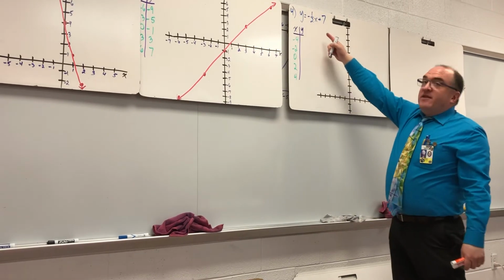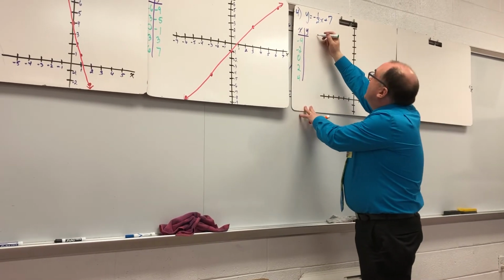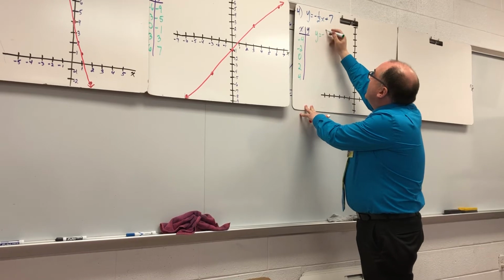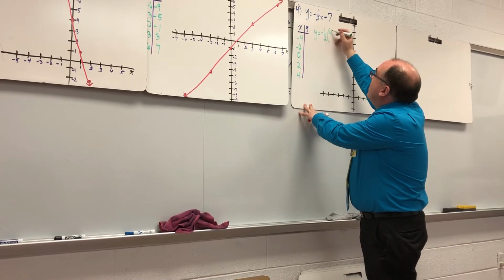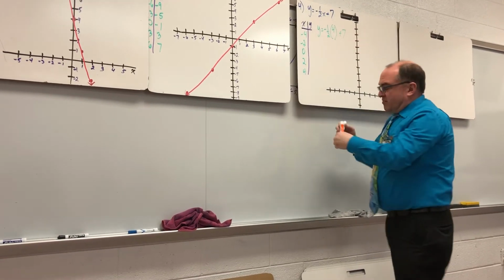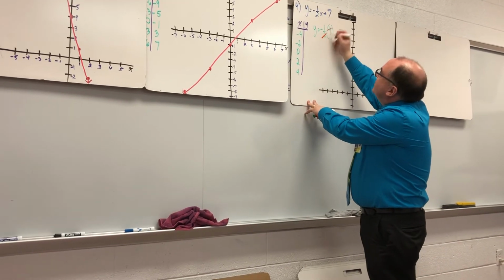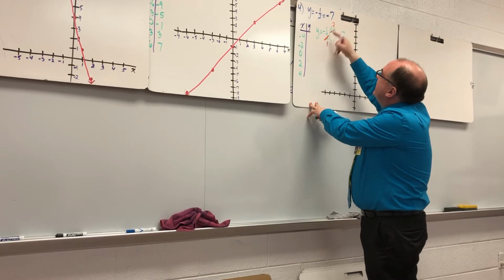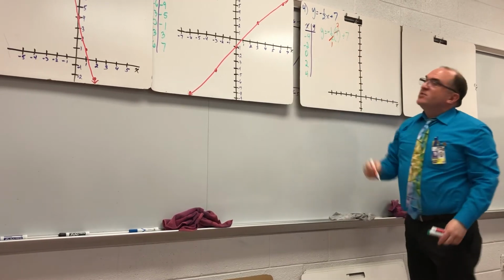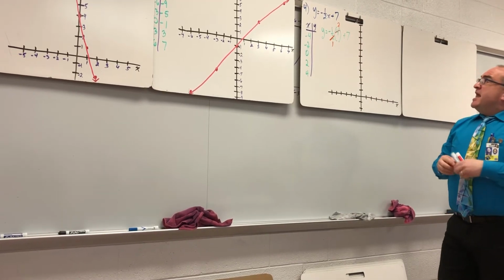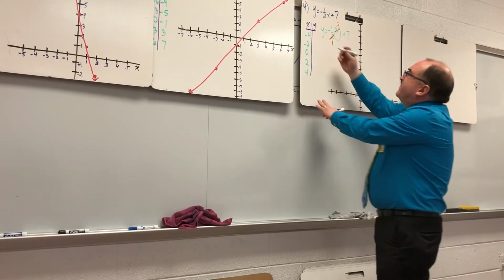So if I put -4 in for x, I have y equals -1/2 times 4 plus 7. 2 goes into 2 once, 2 goes into 4 twice. -1 times 2 is -2. -2 plus 7 is 5.